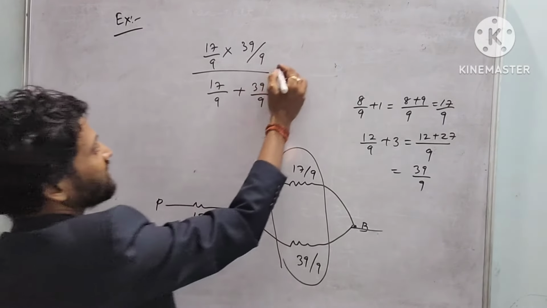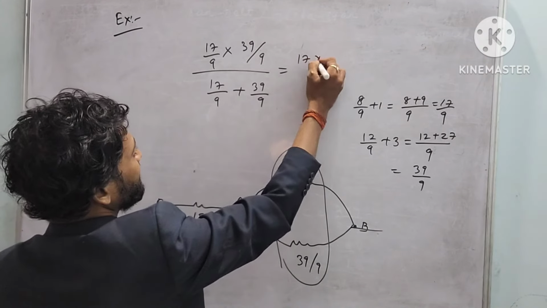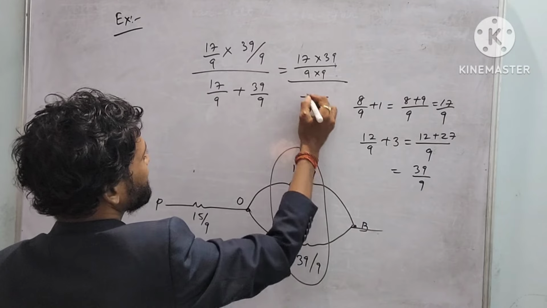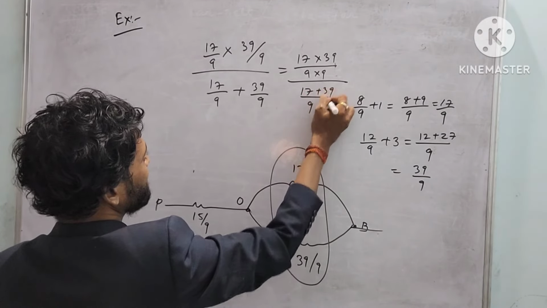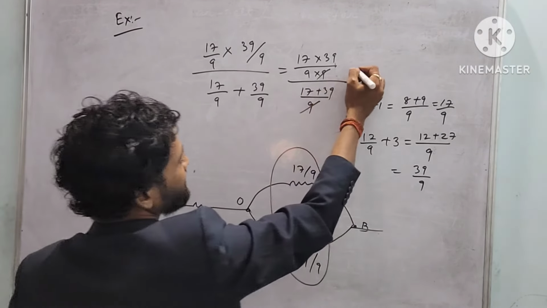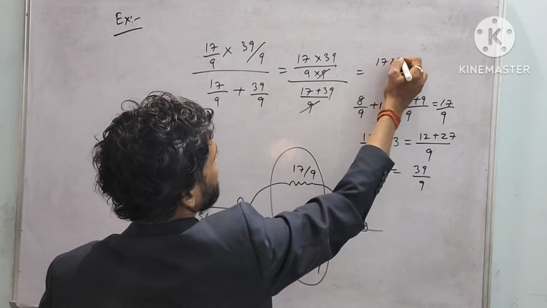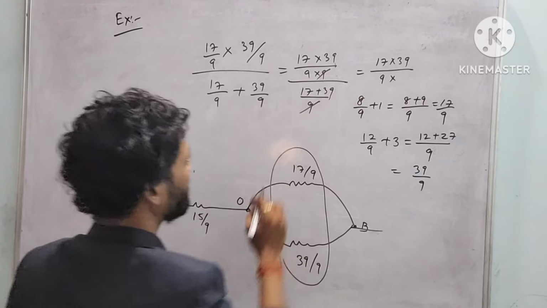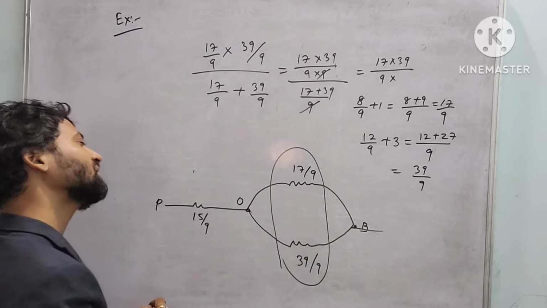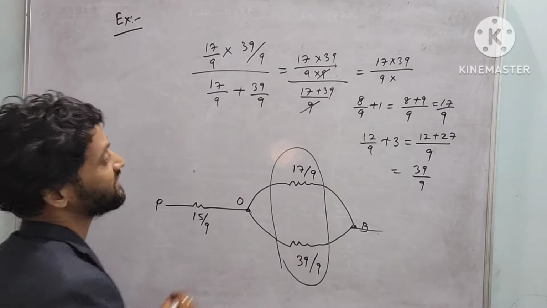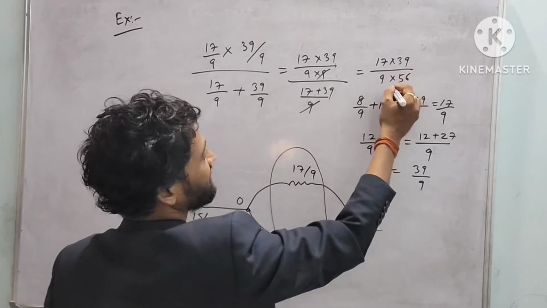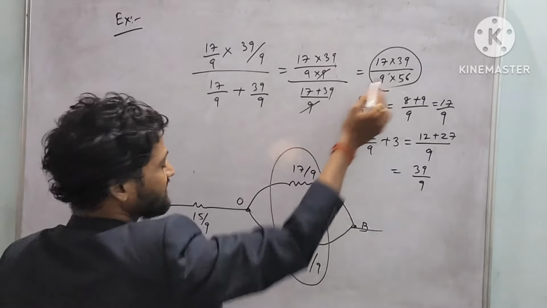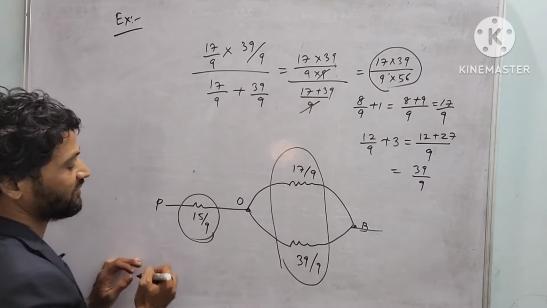Yes or no? So it will be 17 into 39 by 9 into 9, and here the LCM is 9, so 17 plus 39, the 9s cancel. So this becomes 17 into 39 by 9 into 39 plus 17, which is 56. This is your answer, the total resistance, and that resistance is in series with 15 by 9.